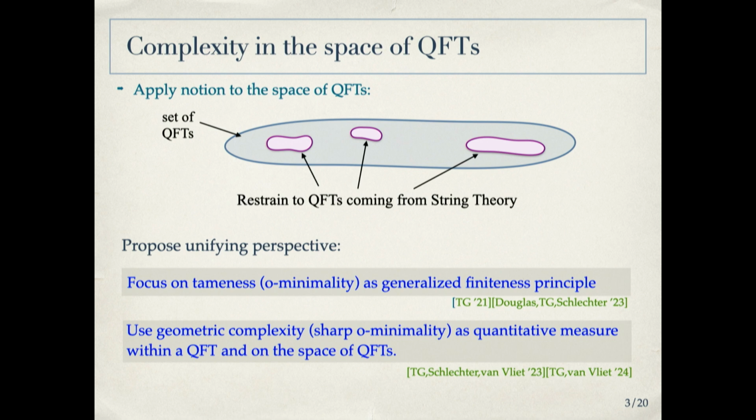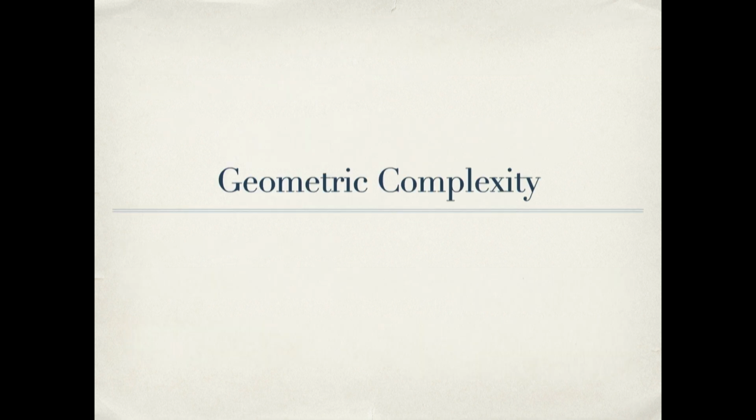Furthermore, I'm suggesting that we should use geometric complexity, this notion which I mentioned before, which has very recently been defined via what is called sharp o-minimality, to give a quantitative measure within a single QFT or on the space of QFTs. So this must be a very broad framework, and in fact it is.